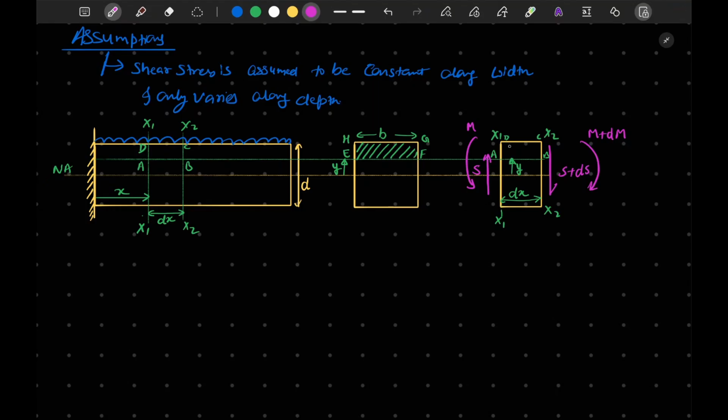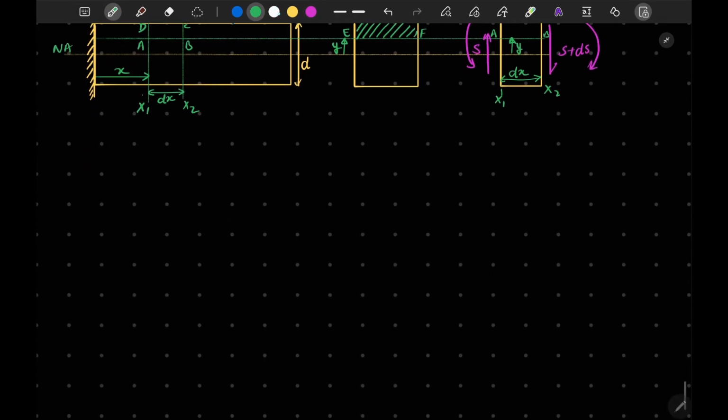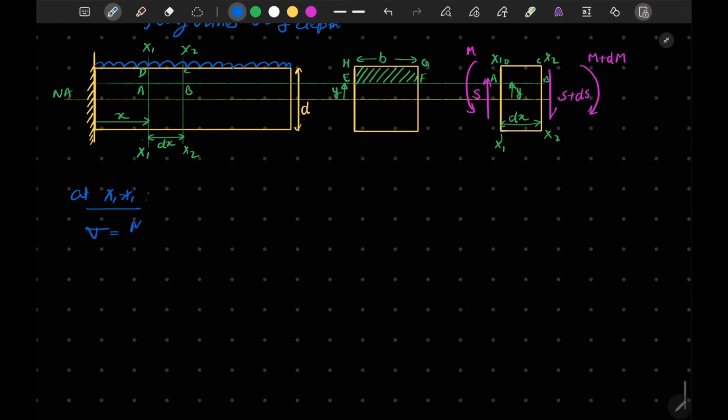Now for this particular element ABCD, using the bending moment equation, we can write sigma at x1 section: sigma is equal to M by I into y.